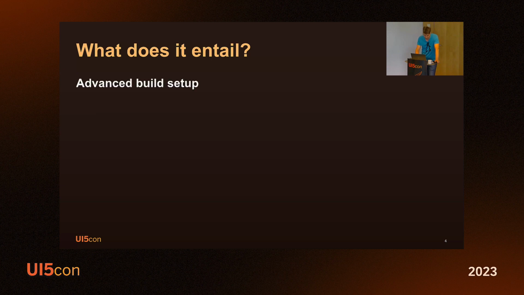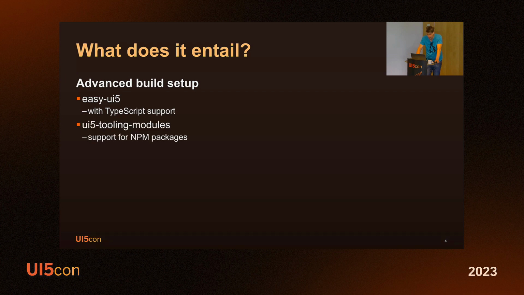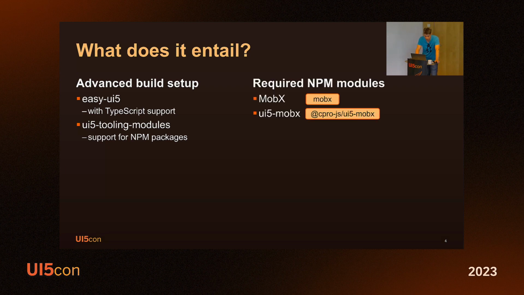Just a quick overview. You have a little bit of an advanced build setup. So usually you use easy UI5 with TypeScript, and you also need to use the UI5 tooling modules because we're working with NPM packages, and this is the way how you do it. The required NPM modules are UI5-mobx as always, and MobX because it's just declared as a peer dependency of UI5-mobx.